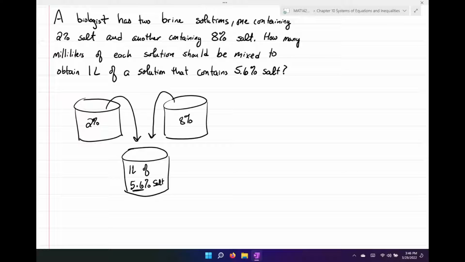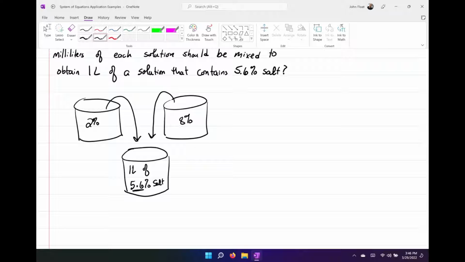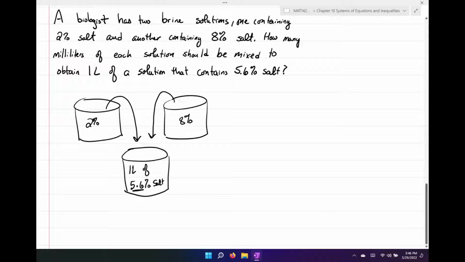So in all of these problems, you really have to think about what's happening here. Notice that we have two completely different types of solutions, 2% and 8%.